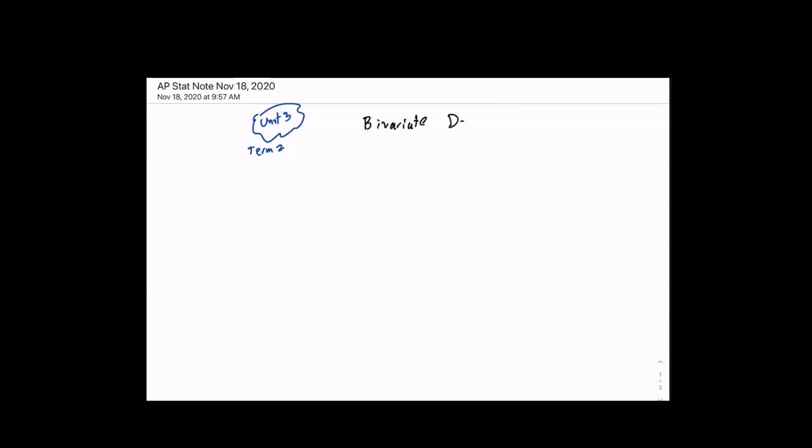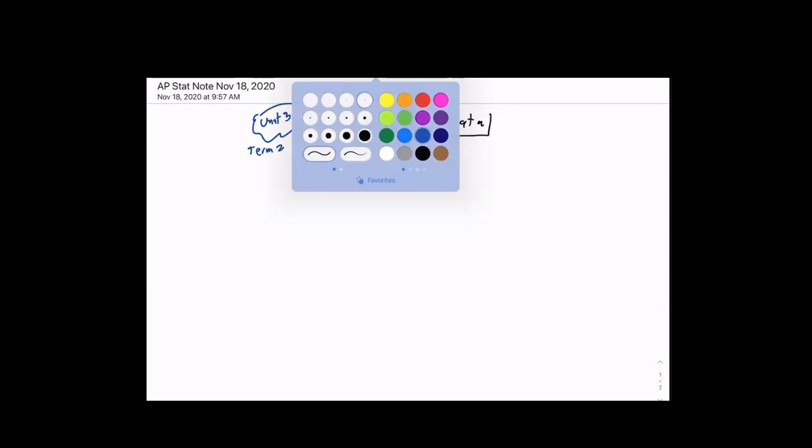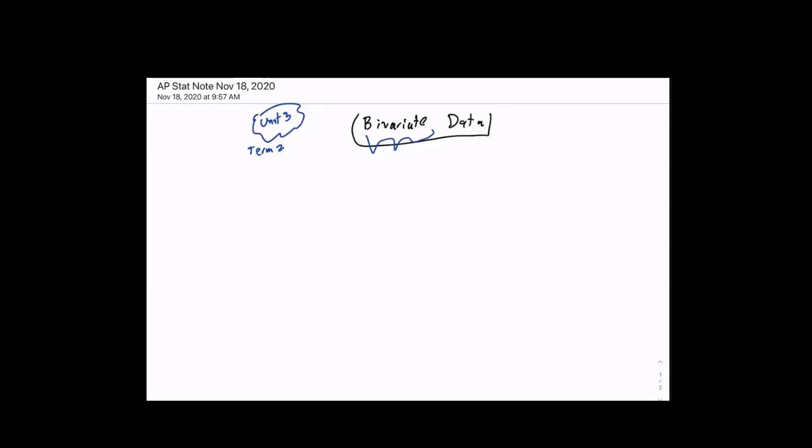Bivariate data. All right. When we say bivariate or bivariant, sometimes we might hear it said both ways; it's much the same thing. The main important thing is, what are we doing? This is the study of what?